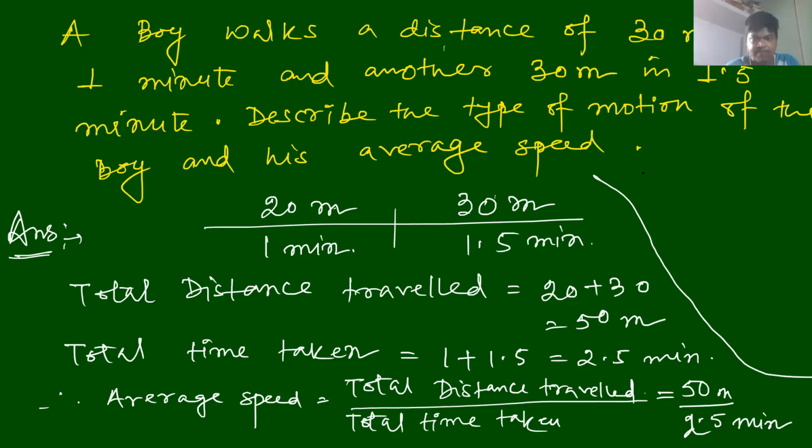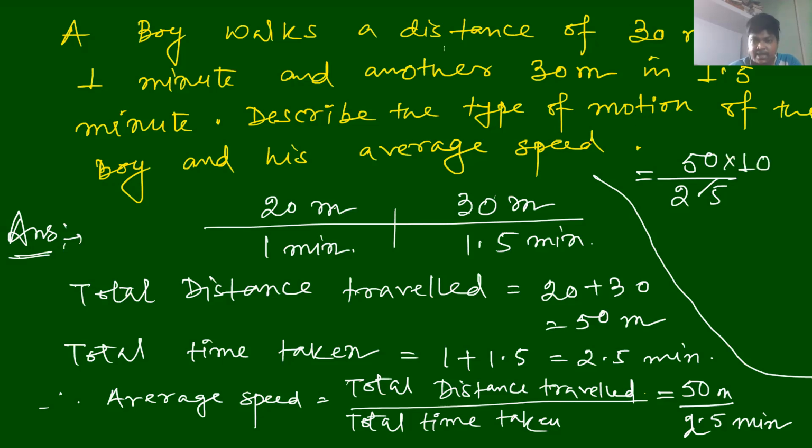Okay, let me just help you out. No, the answer is not true. In this case, this is 50 divided by 2.5, right? So you just omit the point of 2.5 and you will get a 10 over here.